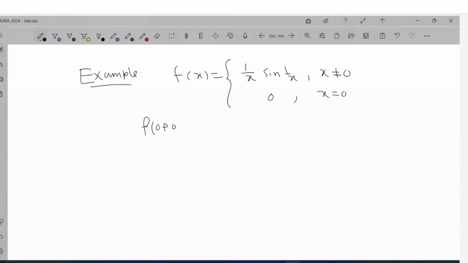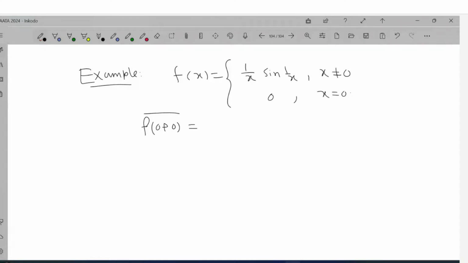But the supremum will be, if you take a sequence of the form 4n plus 1 pi by 2, the sine will move towards 1, but the other part will move towards infinity. Is it clear what I am saying?